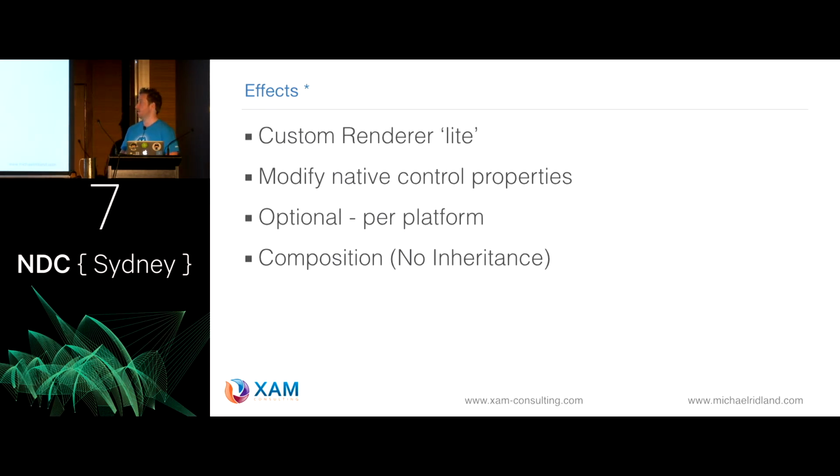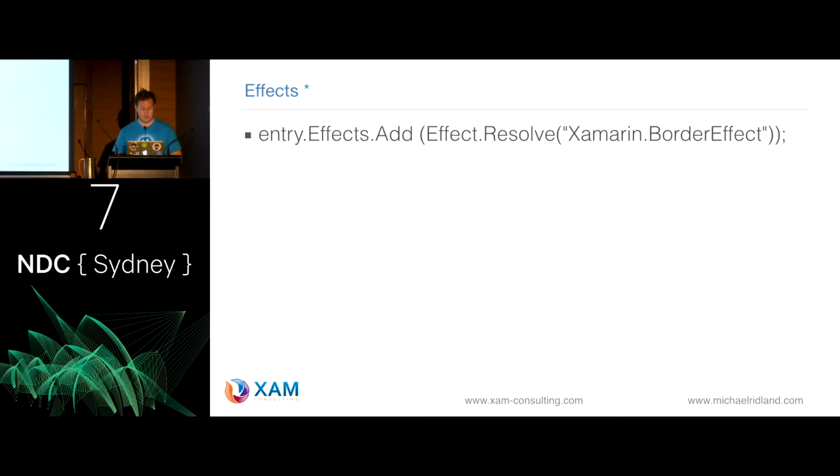When you have a custom renderer, normally you're inheriting from one of the built-in renderers that Xamarin.Forms provides. This allows you to attach behavior to a control, but on the native side, not on the PCL side. Here, this is an entry element, and I've got my effects property there, and I'm resolving an effect, which is the Xamarin.border effect.